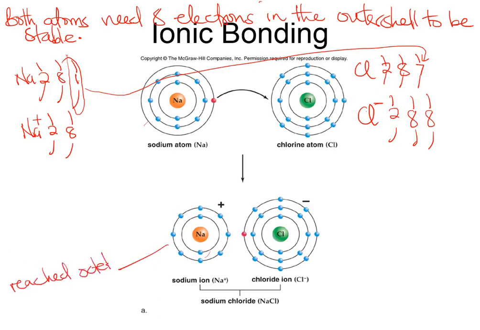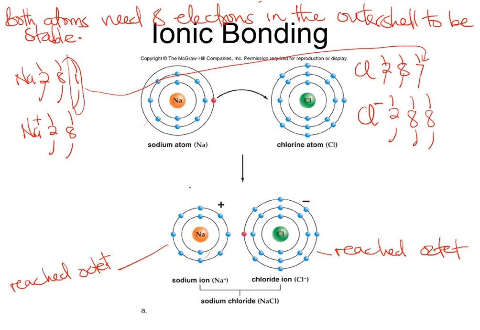Here you can see 2, 2. Now instead of 7 we have 8, which tells us that we have also reached the octet for the chlorine. Now this one is positively charged, this one is negatively charged.